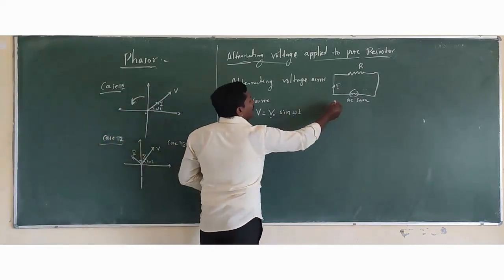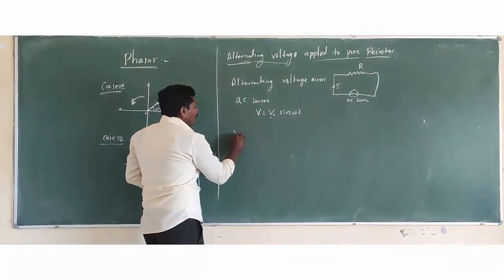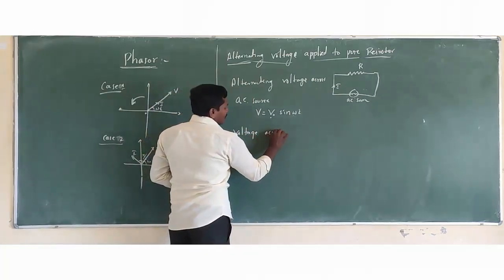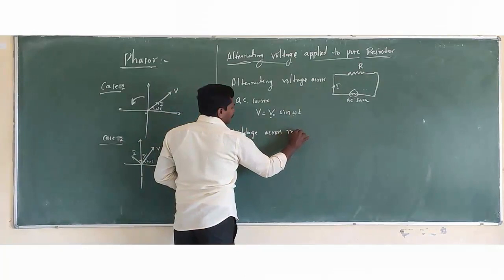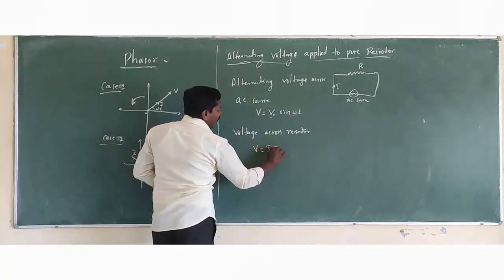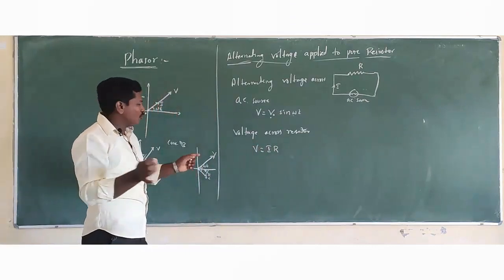Now when the current flows through the resistor, the voltage across the resistor can be written as V is equal to I into R according to Ohm's law.